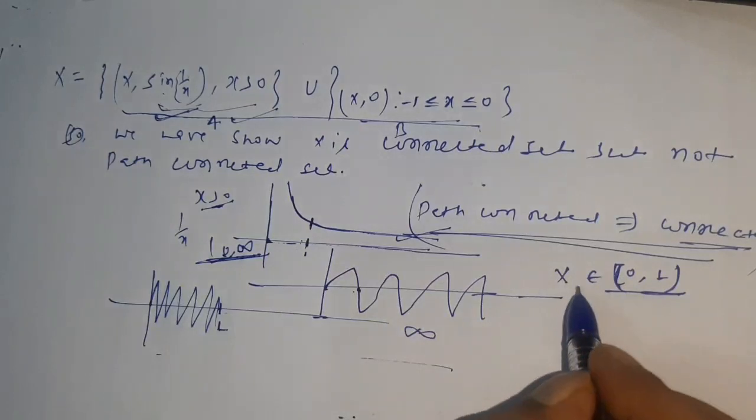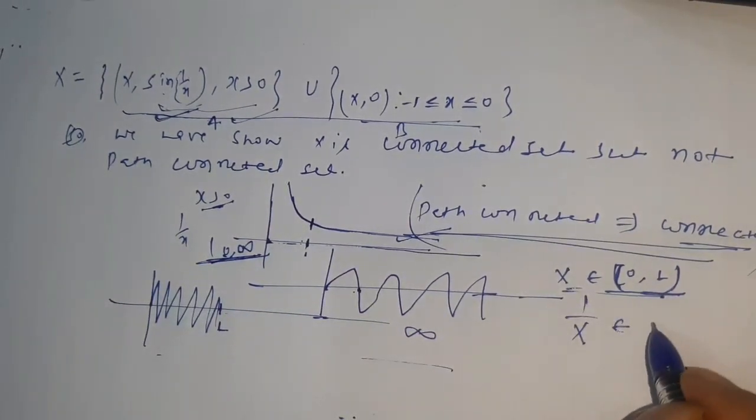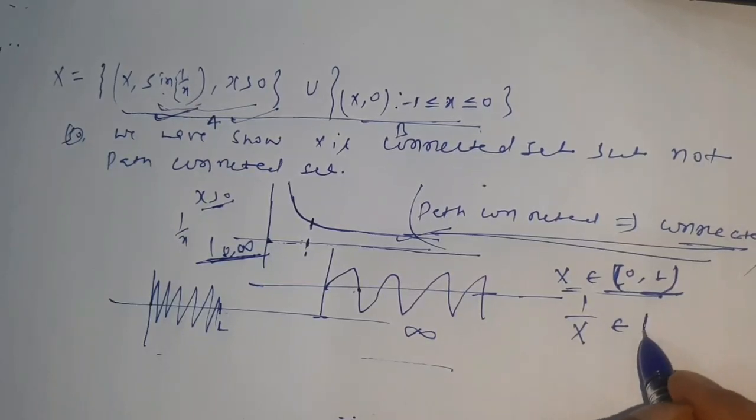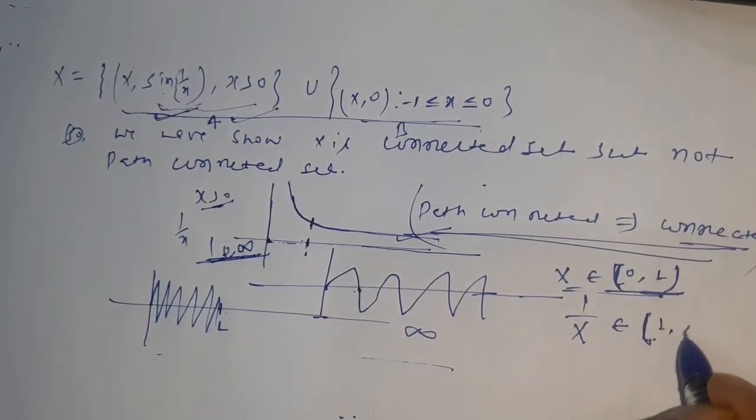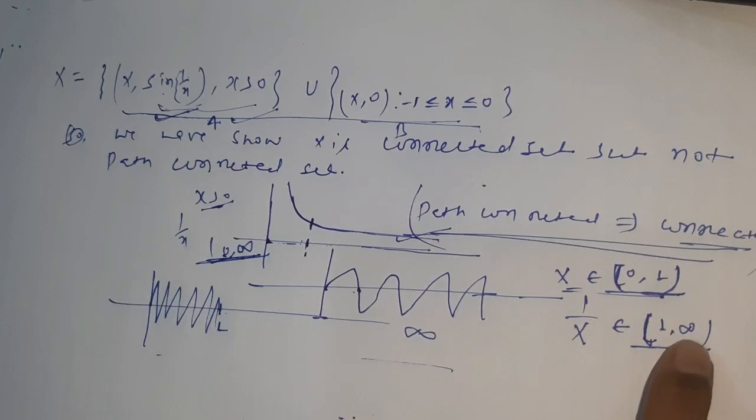It means for x belonging to 0 to 1, 1/x belongs to 1 to infinity, and sin also oscillates infinitely many times.